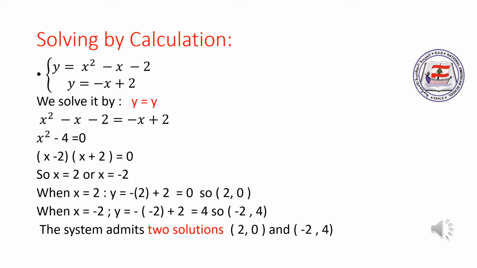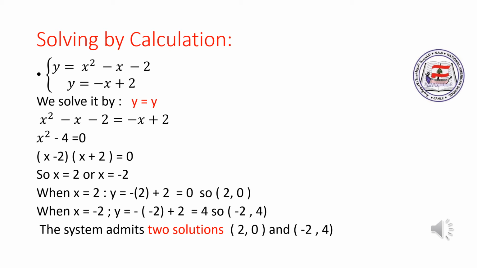So x squared minus x minus 2 is equal to minus x plus 2. We rearrange the equation to get x squared minus 4 equals 0. To solve this equation, we can use the discriminant, or we can use factorization. So finally we get x equals 2 and x equals -2.